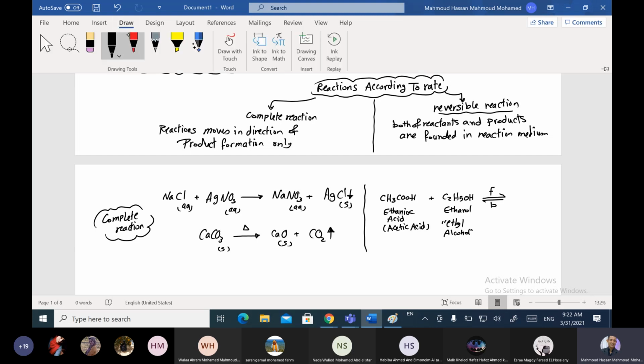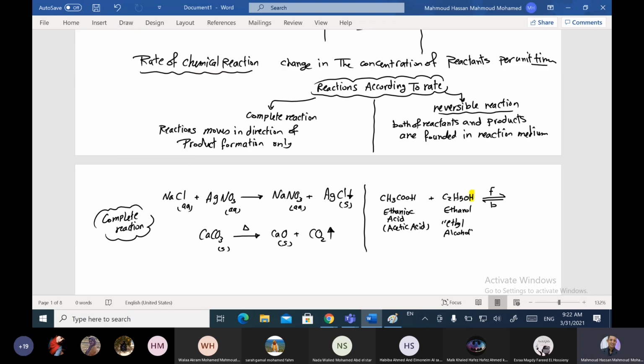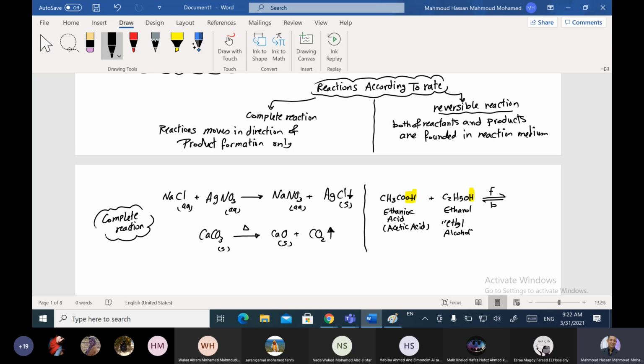In this case, we will find that the reaction takes place by which the alcohol shares H only, and the acid shares OH. When I asked you the question of how we can form the water, you said that the acid will share H and the alcohol will share OH.